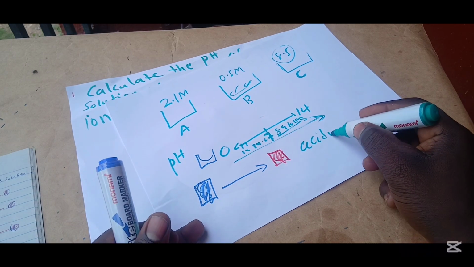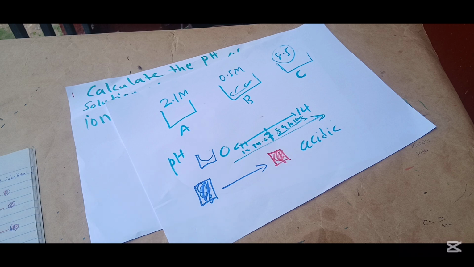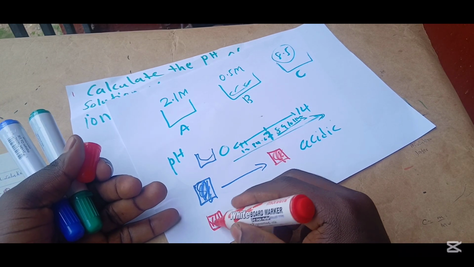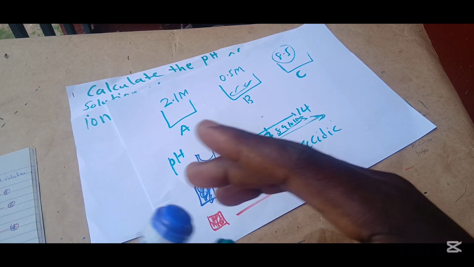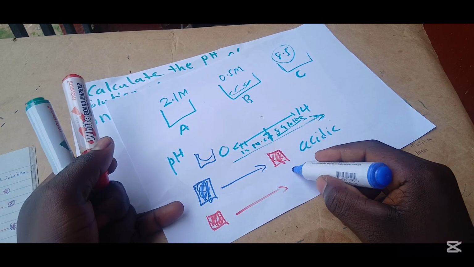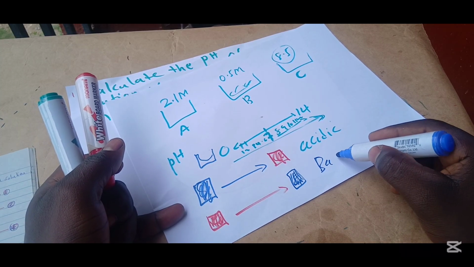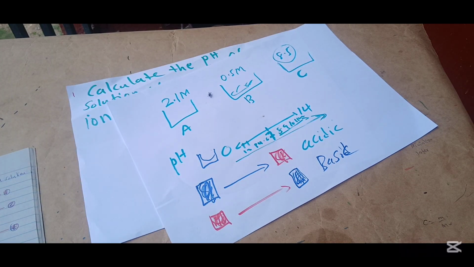It's acidic in nature. But if I have a red litmus paper, the opposite, and I dip it in a solution, and at the end of the day the result is a blue litmus paper, that means the substance is basic. So that is what you might want to know.